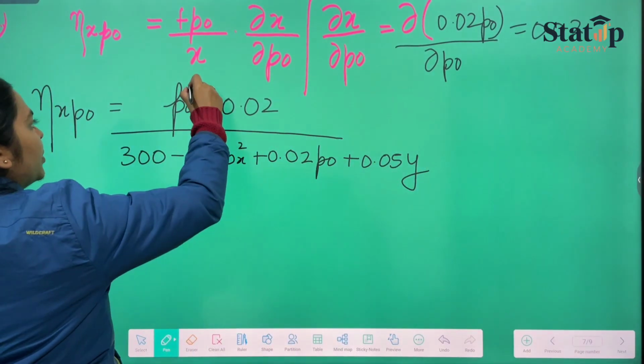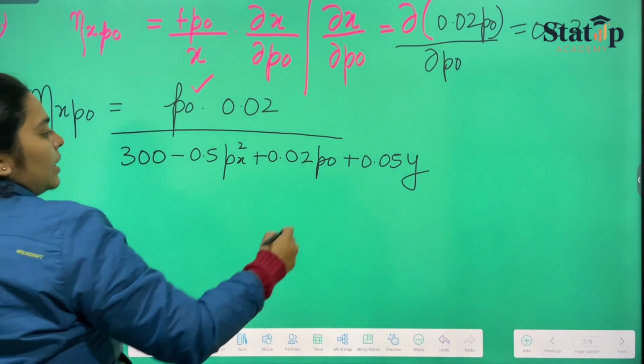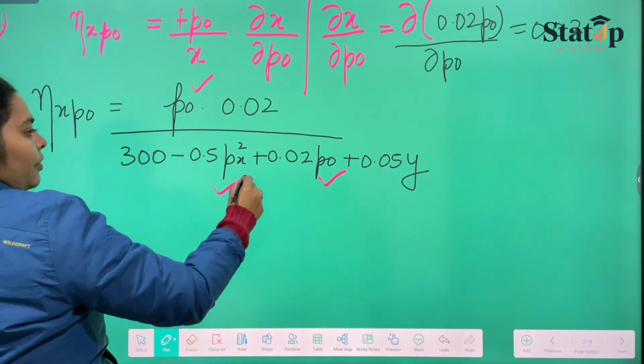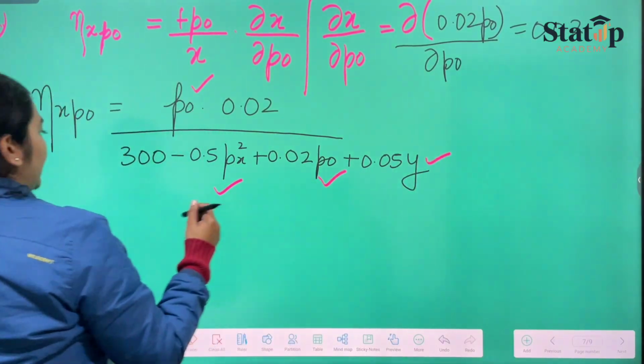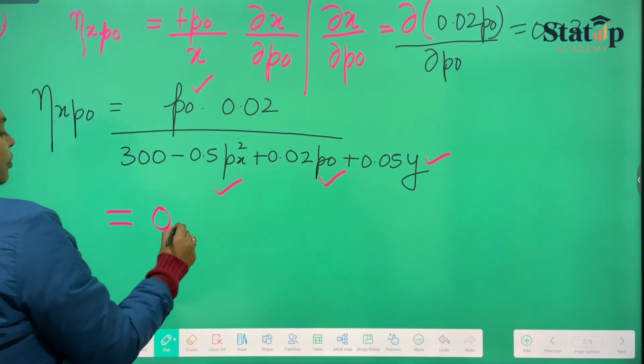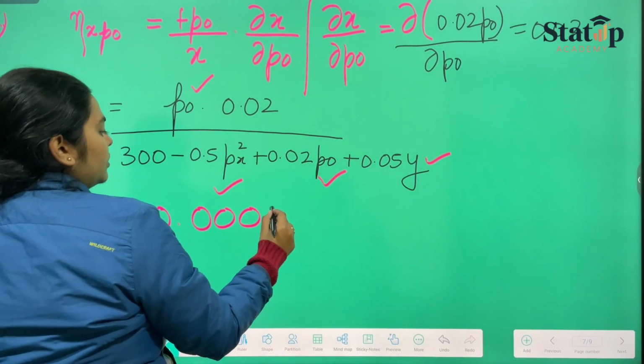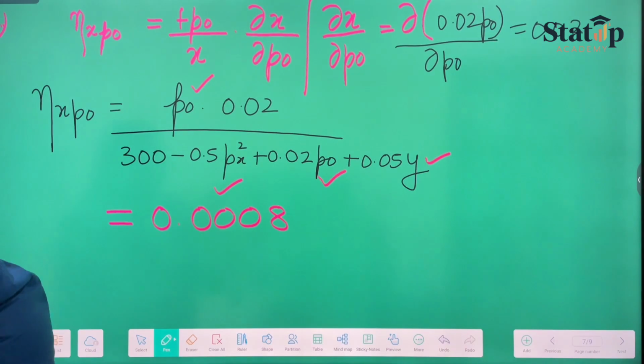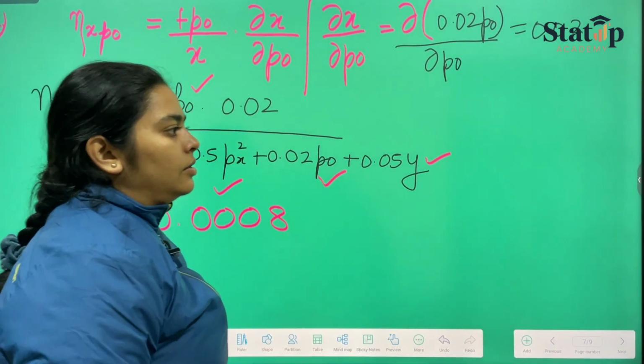Keeping p naught as 10, px as 12 and y as 100, we get the value equal to 0.0008. This is the cross elasticity of demand for commodity X with respect to P naught. And this completes our answer.